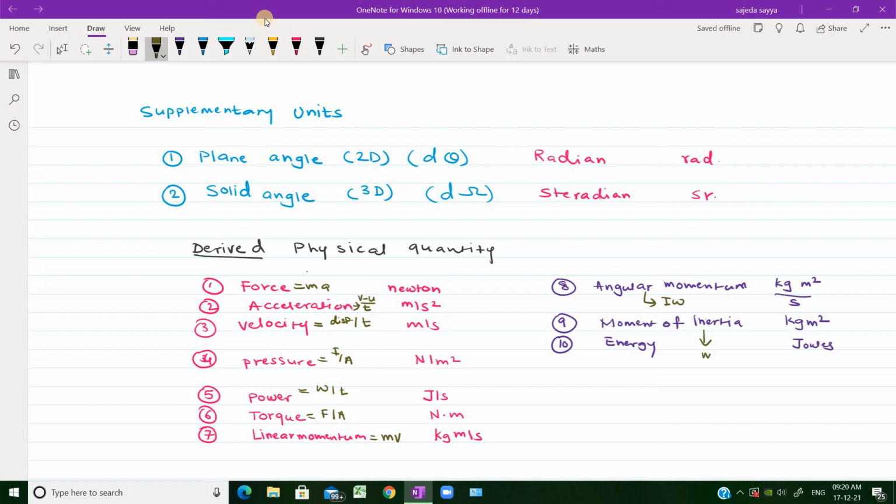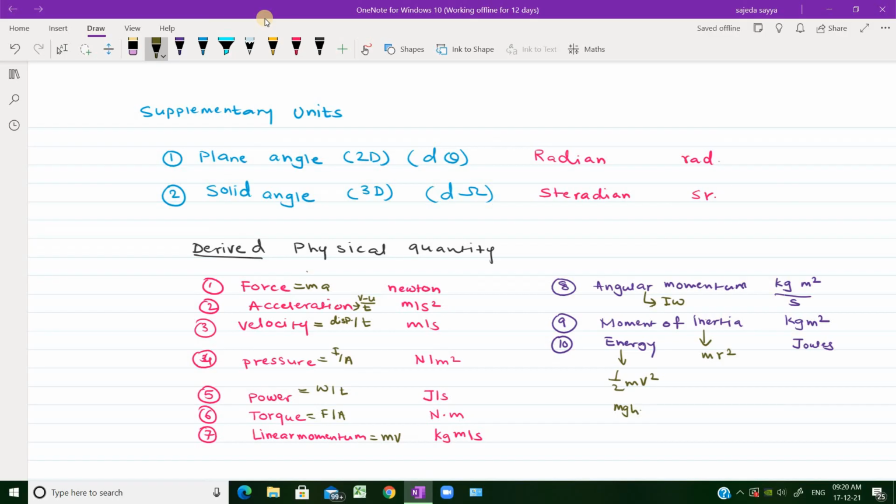Moment of inertia is mass into the square of the distance between the axis of rotation and the point at which force is to be applied. Energy, if we take kinetic energy, it will be half m v square, or if we take potential energy, it will be mgh. So these are the quantities.